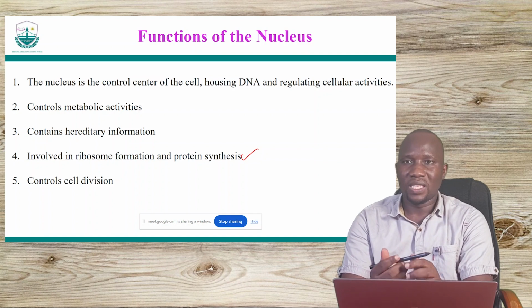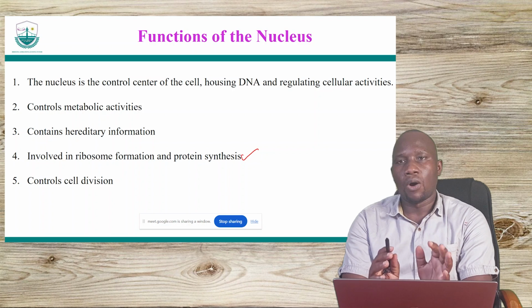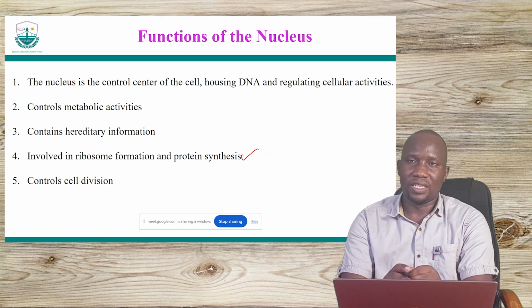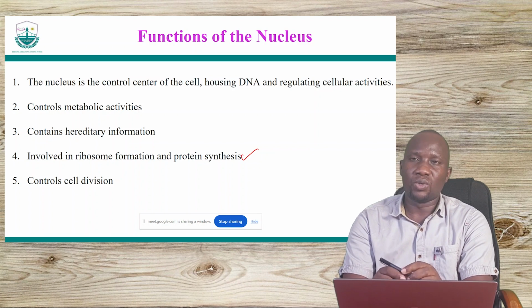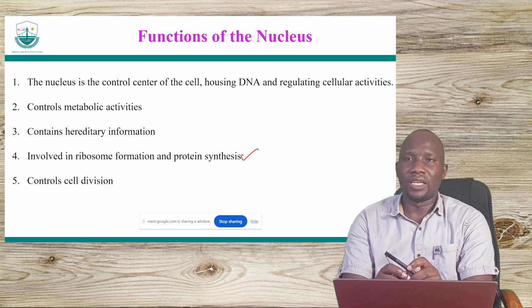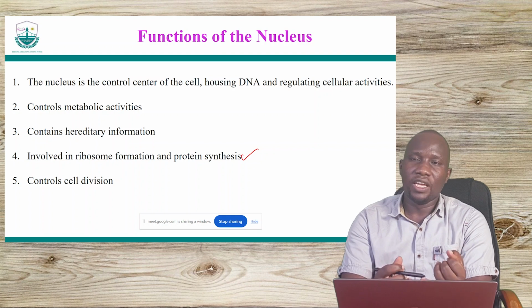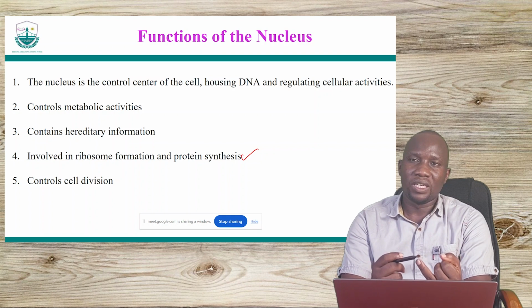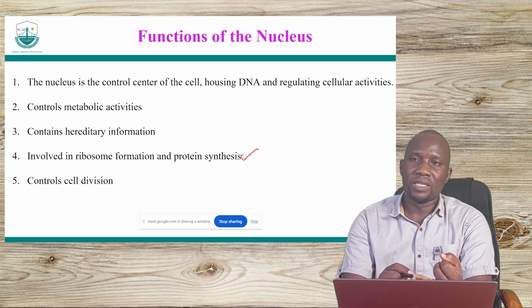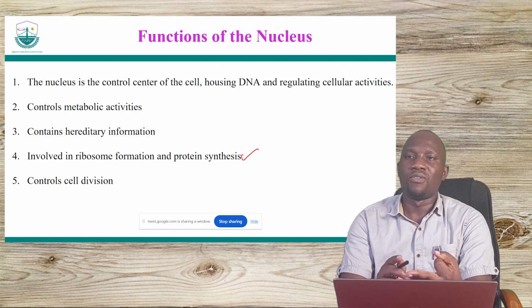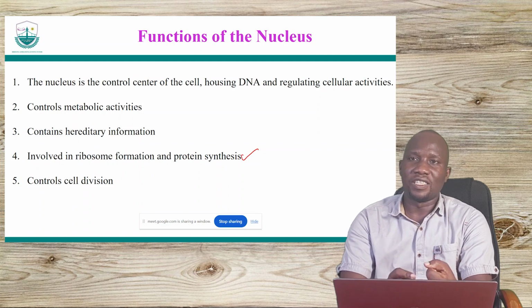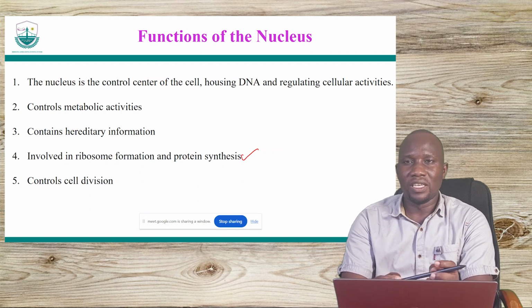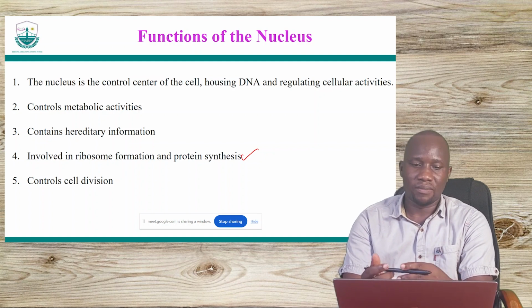So this is basically, in summary, to say that all chemical activities that happen within the cell are controlled by the nucleus, containing the genetic material, controlling the process of cell division, playing an important role also in the process of protein synthesis. Actually, protein synthesis is initiated within the nucleus. Okay?